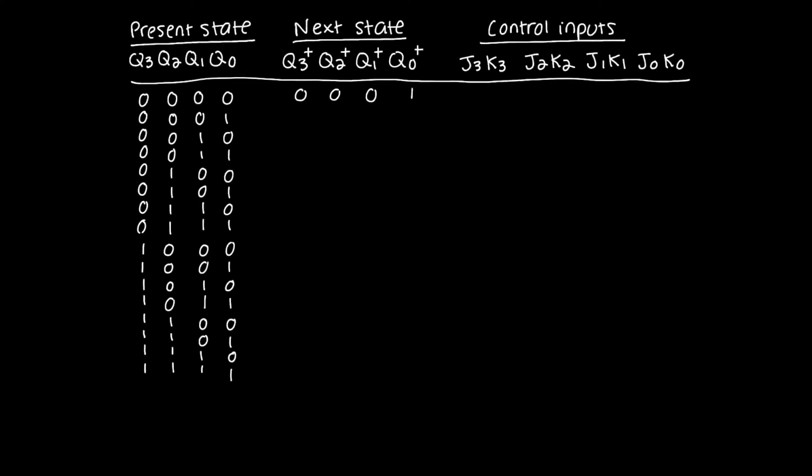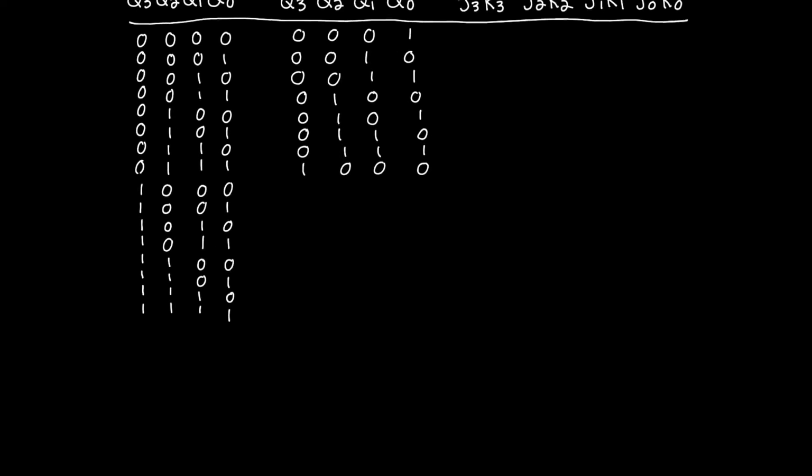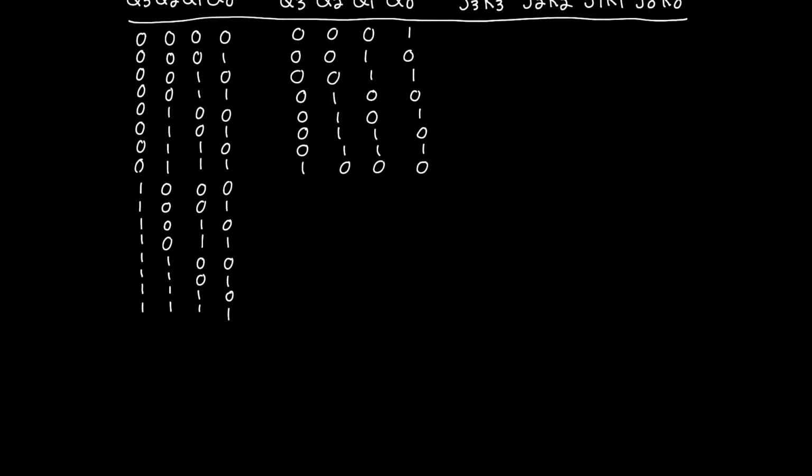I'm counting up. And if the state is 1, the next state will be 2, and so on. And I just continue like this until I get to state 8. At state 8, I reset the counter, so the next state after that is just going to be 0.